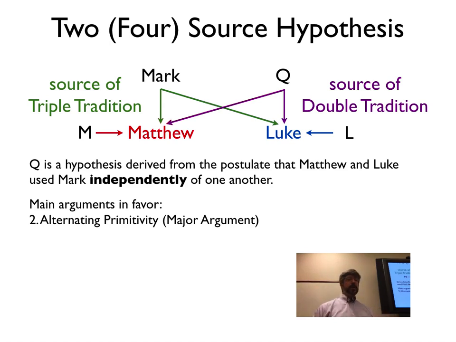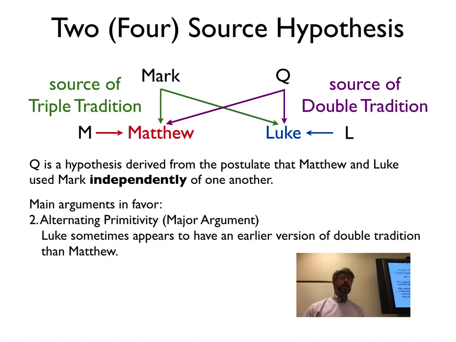The second main argument is alternating primitivity. Who seems to have the older version? Luke sometimes appears to have an earlier version of the double tradition than Matthew, and sometimes Matthew seems to have the earlier version. Now again, why does that suggest they don't know each other?